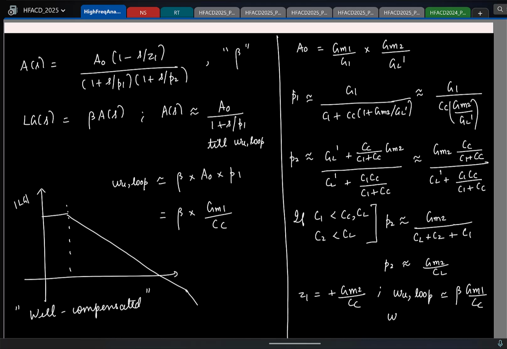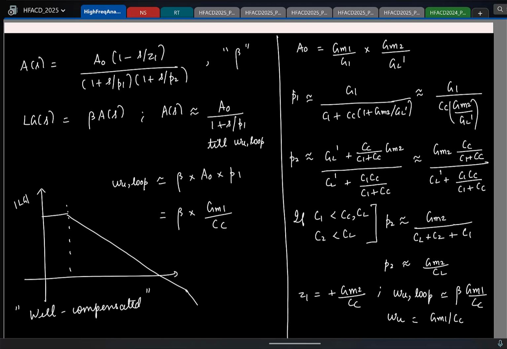And if I were to write the unity gain frequency, that is the frequency at which the A of S magnitude becomes unity, that is simply GM1 by CC. When I include the feedback factor is when you have the loop gain, so that gives the unity loop gain frequency. So can you repeat once? Did we approximate A0 equal to 1?